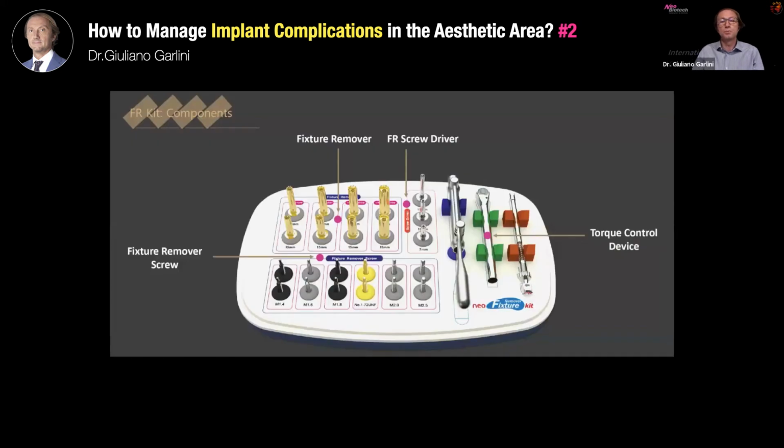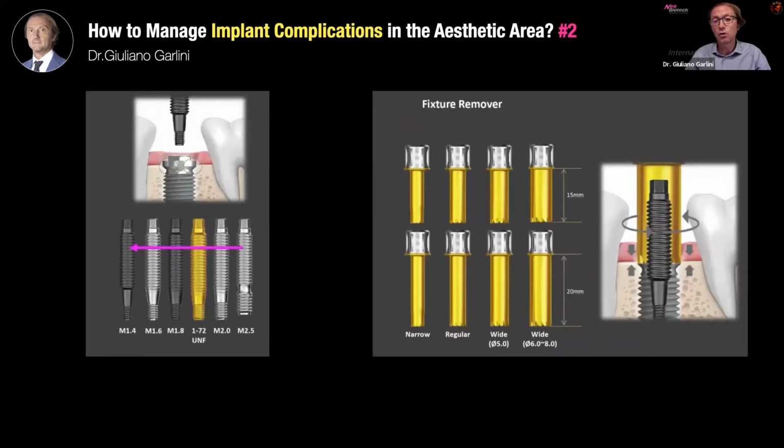So to remove this kind of implant, the fixture removal kit created by NeoBiotech will be very useful for you, because you will easily handle all the cases of implant removal.